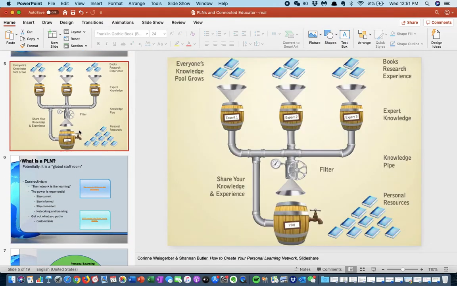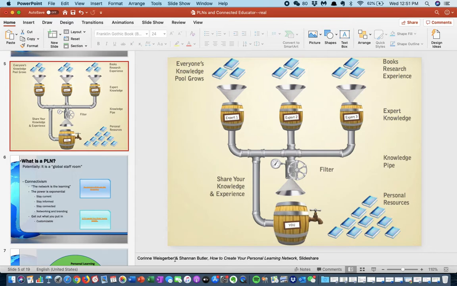So let's take a look at this graphic. This is one of my favorites, and the citation is right there. Basically, you've got your analog materials that you've lived in and consumed in your analog life, right? Books, research, experience from the classroom, from college, from your personal reading, whatever it is. This all becomes expert knowledge.